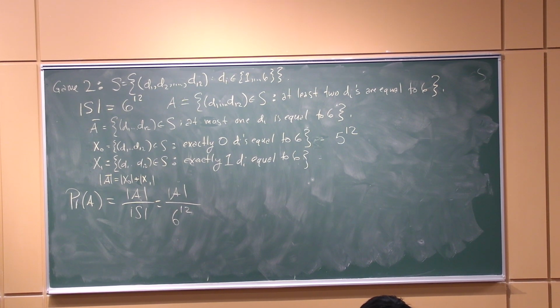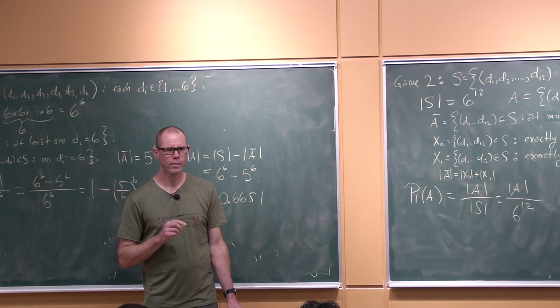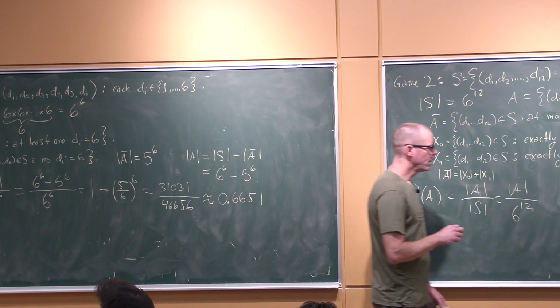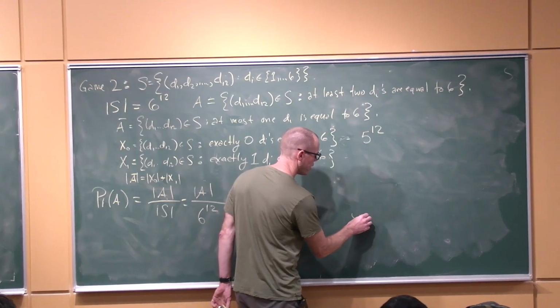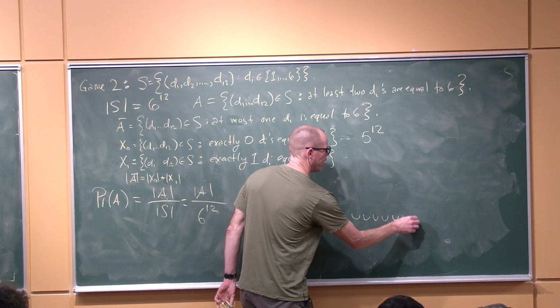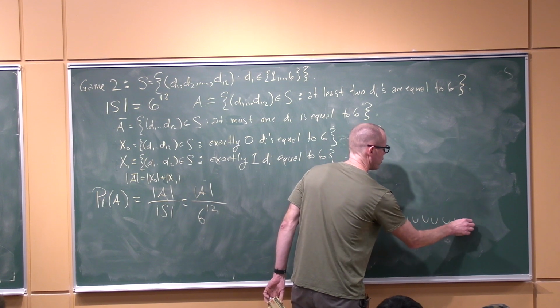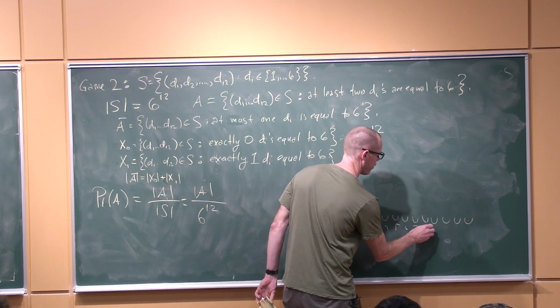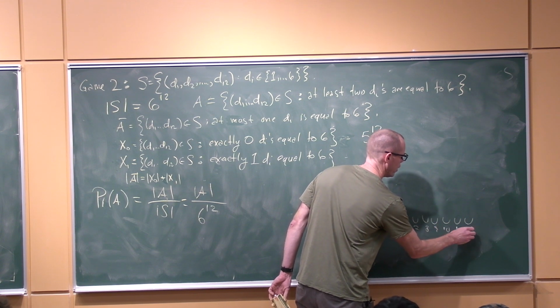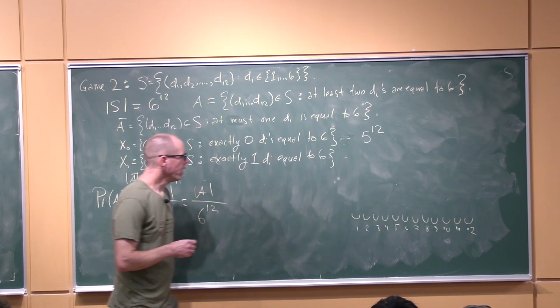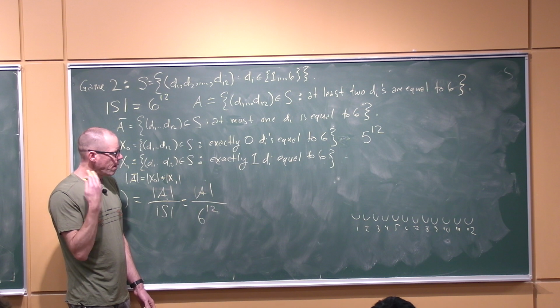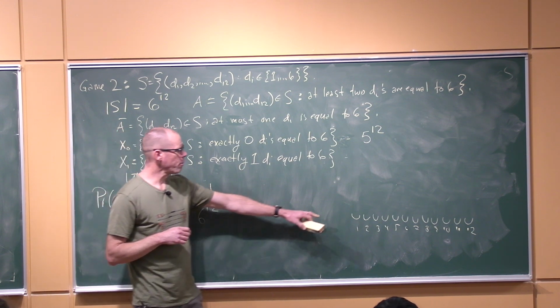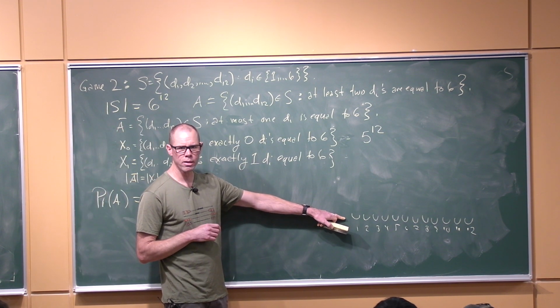So 5 to the 11 sounds like it describes a sequence of, so really the way to do this is to draw your 1, 2, 3, 4, 5, 6, 7, 8, 9, 10, 11, 12 bins. Make a 2-step procedure which says, there's exactly 1 6 in these bins.